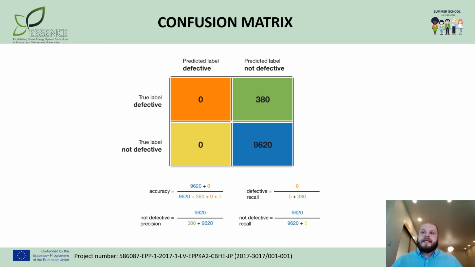Let's consider the example of a defective/non-defective states classifier. Based on the figures given in the confusion matrix, classification accuracy is observed to be around 92%, which is actually a very high quality result. Defective states recall, which actually means the share of relevant defective states identified by the algorithm among all true defective, is also very high, 90%.